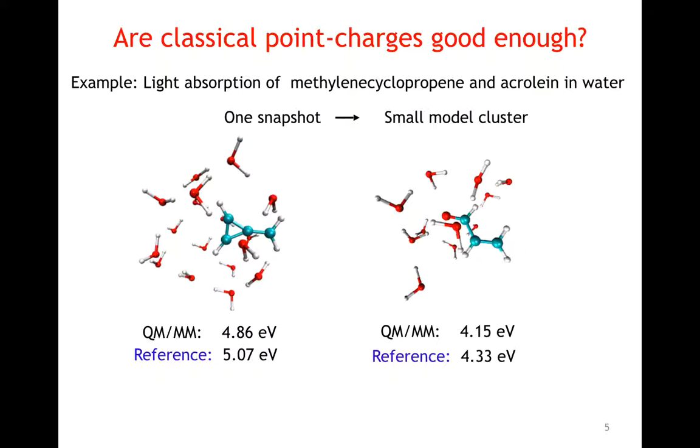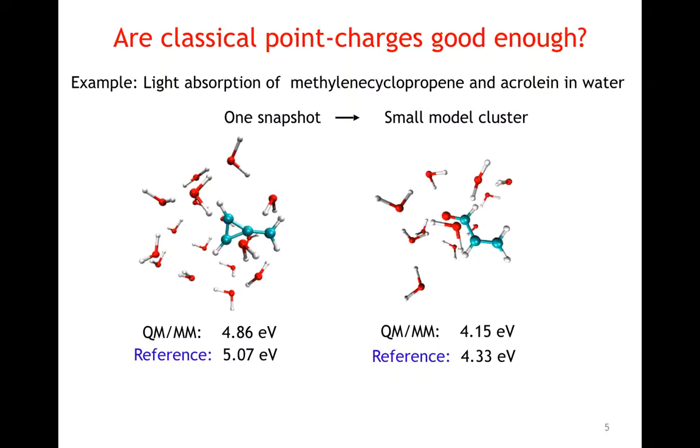And in this case, we can take the example of the light absorption of two small chromophores that we placed in a water environment. So in this case, we have a very reduced model of solution. We don't aim to reproduce any experimental value.